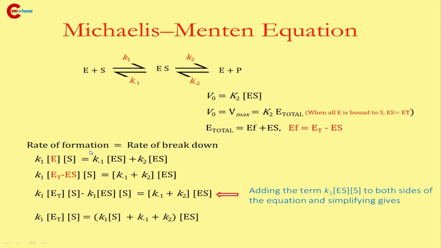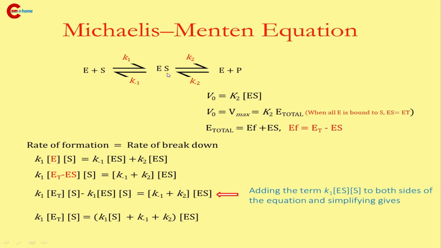We can assume that the rate of formation is equal to the rate of breakdown. Which is the rate constant for the rate of formation? K1. So the rate of formation is equal to K1 into E into S. And for the rate of breakdown, ES can dissociate into product and enzyme, and also dissociate back into enzyme plus substrate.